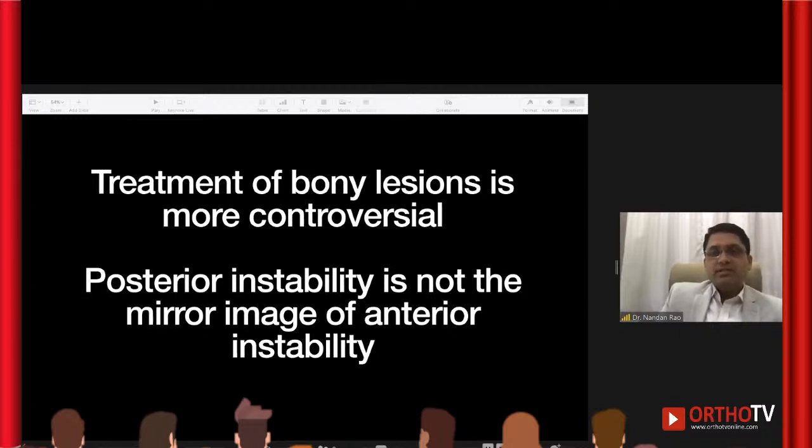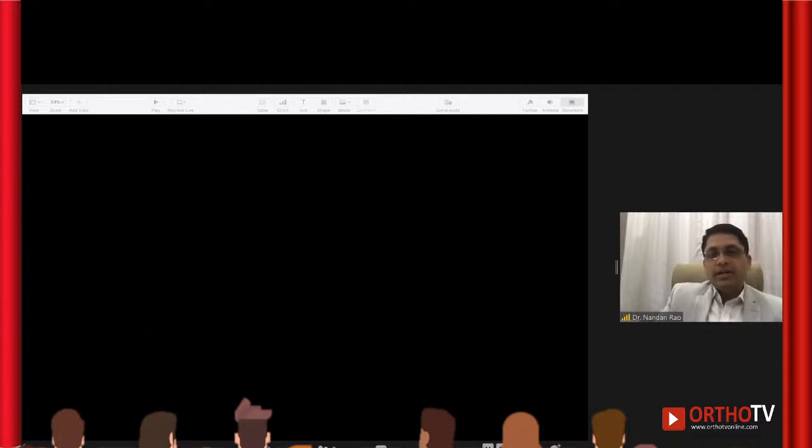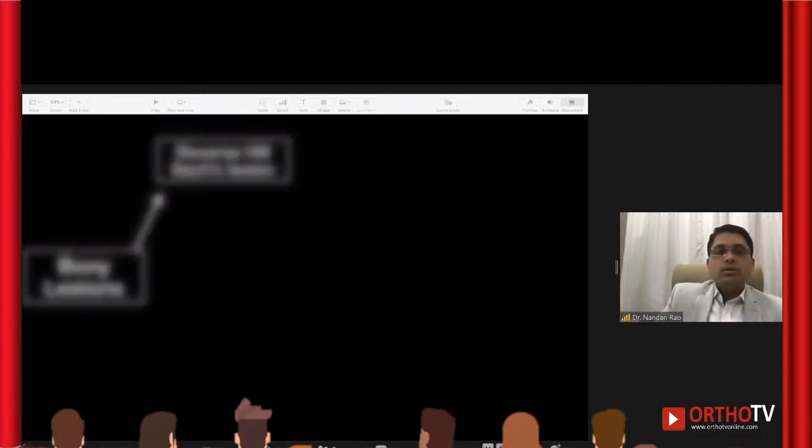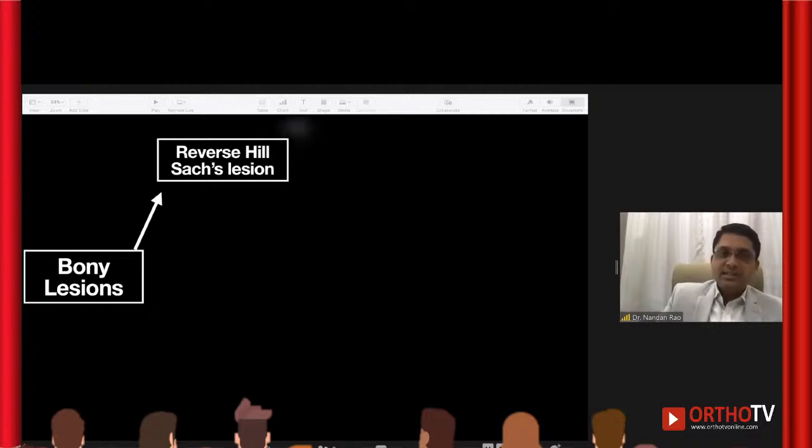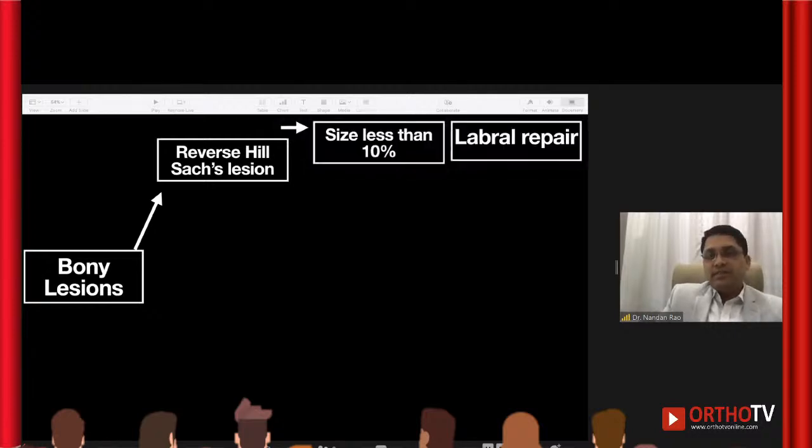So treatment of bony lesions in posterior instability is more controversial. Posterior instability is usually not the mirror image of anterior instability. So the treatment recommendations are not yet so concrete, but still I have tried to summarize them. If you have a reverse Hill-Sachs lesion with a size of less than 10% of the humeral head, then only a labral repair would be enough in most of the patients.